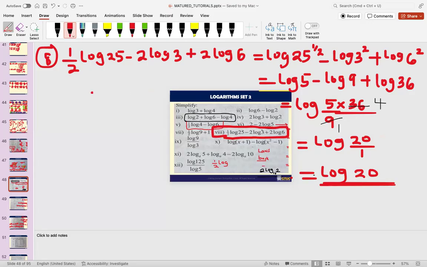So let's show it by showing working. Okay, all right, I get you. So 25 to the power half in indices means we should break it down to the smallest number, and 25 is the same as 5 squared.